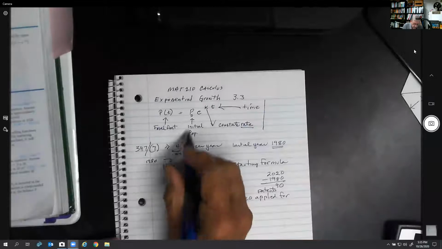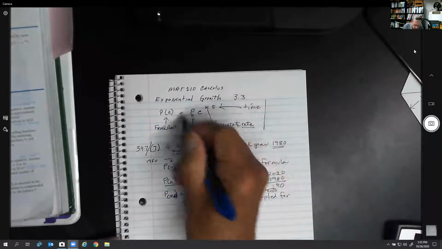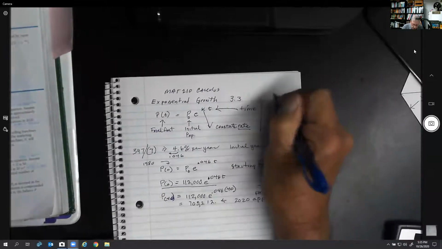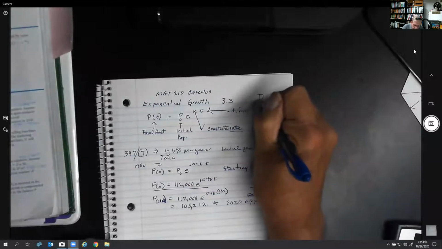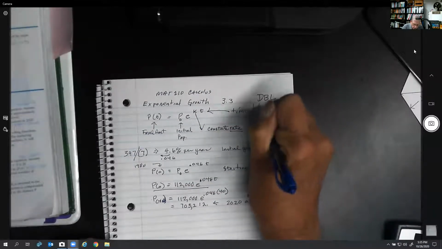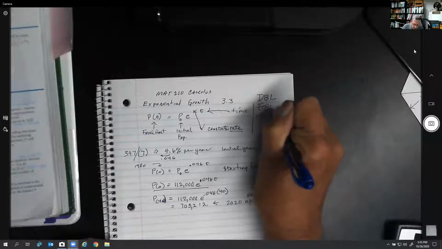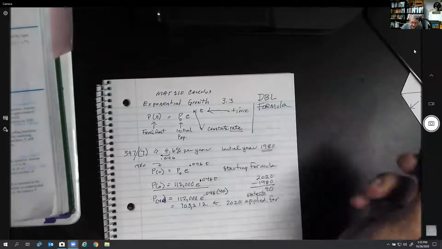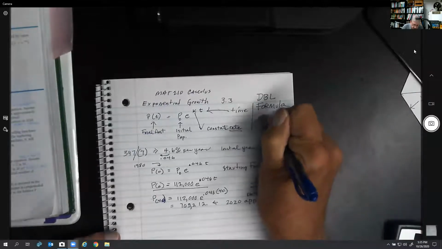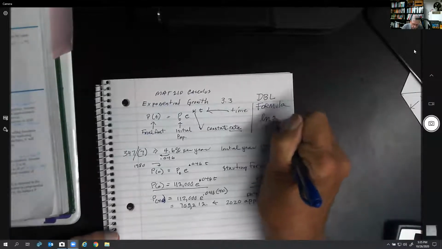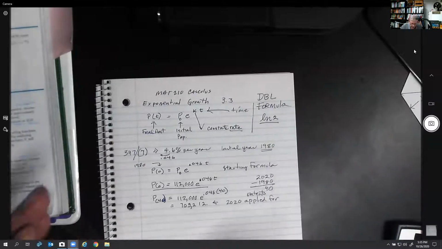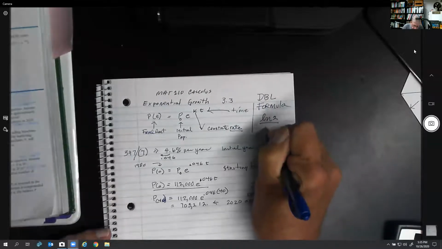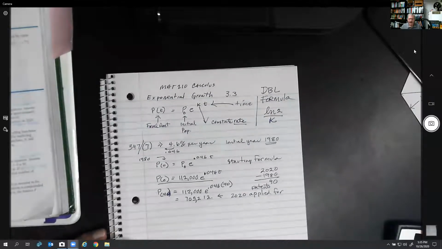Okay, the last thing is estimate the doubling formula. The doubling formula is another formula. This is our exponential growth rate, but I'm going to put it up here, doubling formula. And it's very simple. We could do a whole bunch of work here, but this is kind of a shortcut. It's the natural log of 2, ln2, divided by whatever the growth rate, k, is.